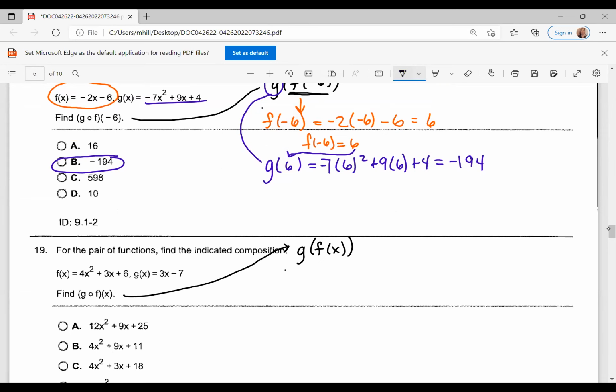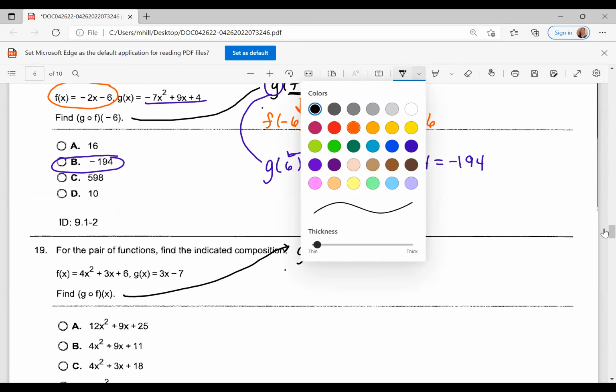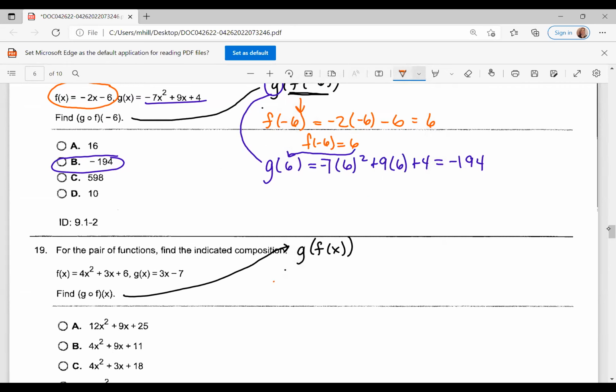Okay, and we're using the same f of x and g of x as we had up here. So I start on the inside. F of x is equal to negative 2x minus 6. There was no number to plug in this time. We're not using this up here, sorry. My brain is not working today. We are using this right here. That's g of x.